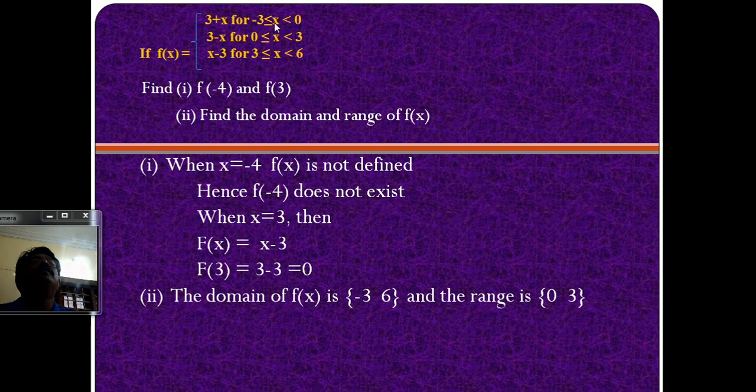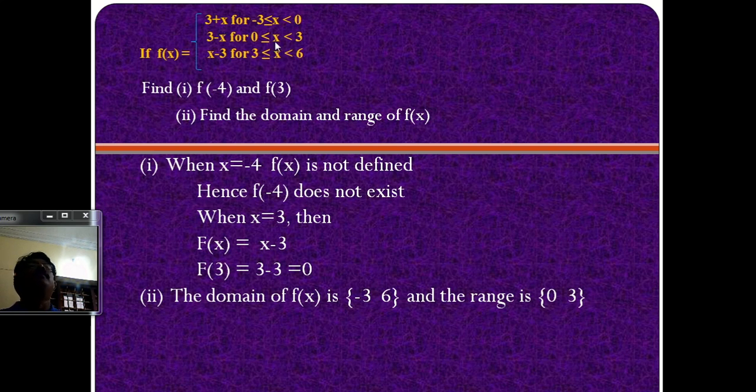When the value of x is greater than -3 but less than 0, the functional relationship is 3 plus x. So if the given value is within this range, that is, negative values, then f of x is equal to 3 plus x.